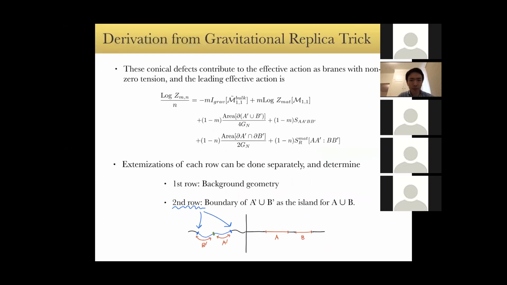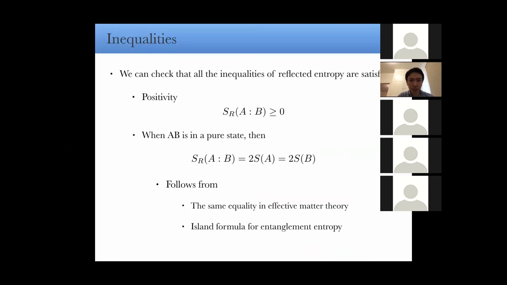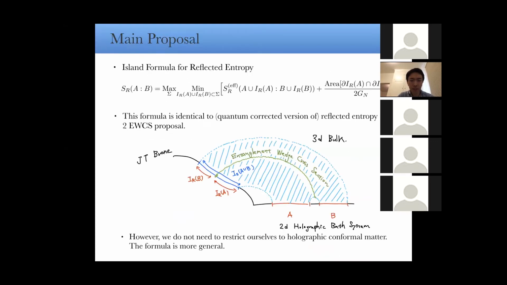And if you consider the more generic case, the case of AB a pure state, in this picture the island for AB is the total JT brane.